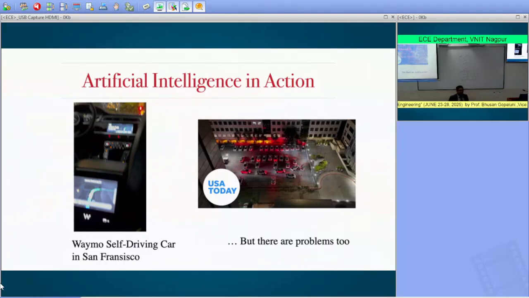So I've driven in self-driving cars several times, and once we were going on a two-lane road. You have two lanes. There's traffic going in this direction, and traffic going in this direction, right?